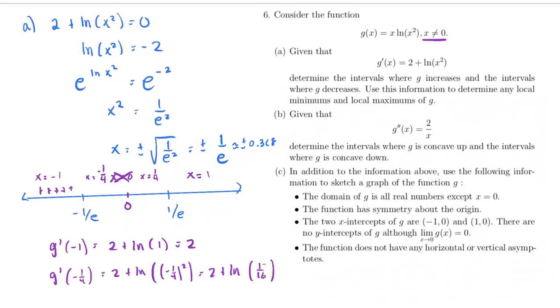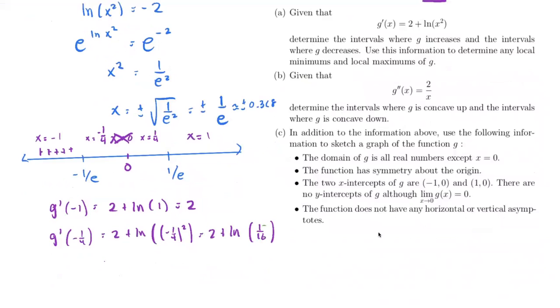In fact, again, you use your calculator for this part, but 2 plus the natural log of 1/16 is -0.77. So negative, negative, negative, negative.